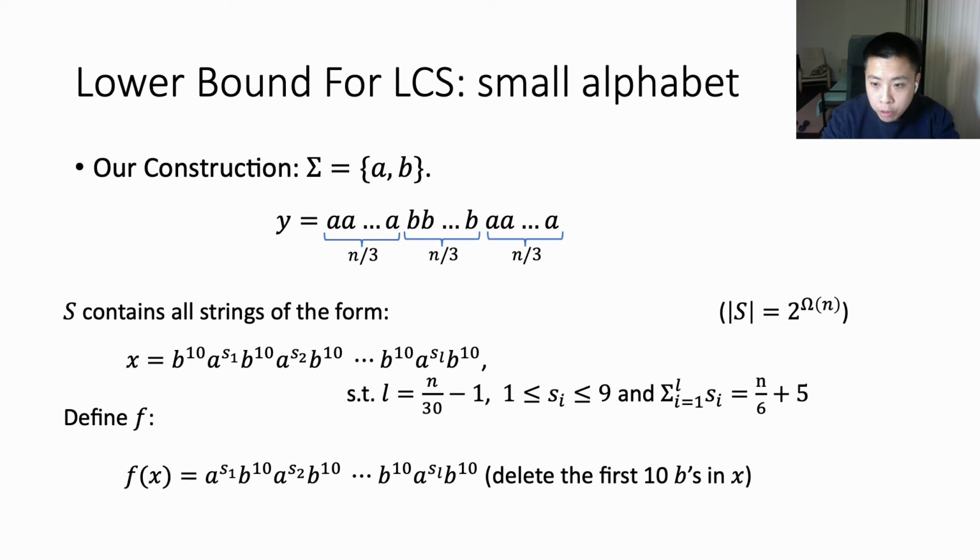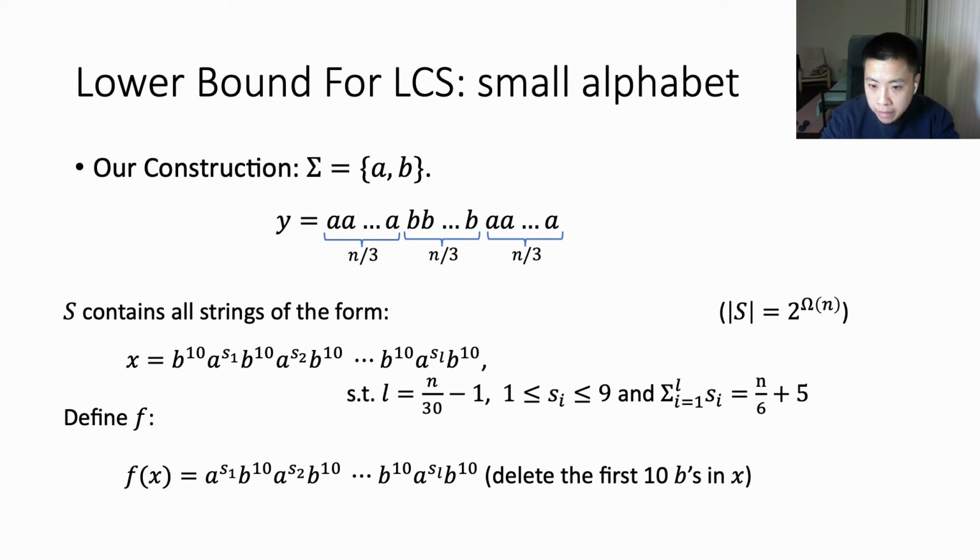To see how the construction works, we assume the alphabet consists of two elements A and B. The local string y is simply divided into three even blocks, such that the first and the last blocks are all A's, and the middle block is all B's. The set S consists of all strings that are blocks of A's separated by blocks of B's with length 10.